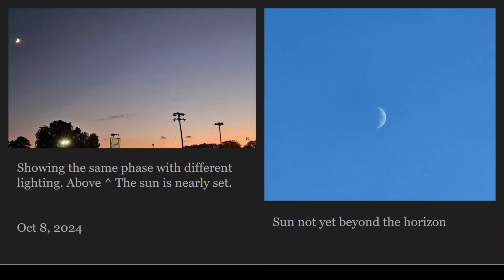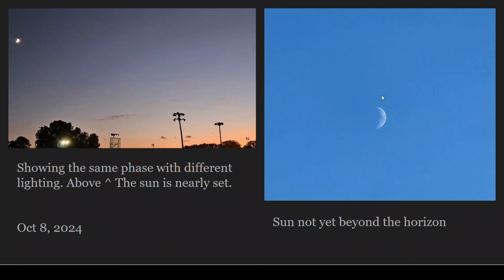The last pictures I have are from October 8th, 9 days before the full moon. Over here, the sun has just dropped below the horizon, right down here. And you can see the moon in the same frame and the angle that I was seeing it from.